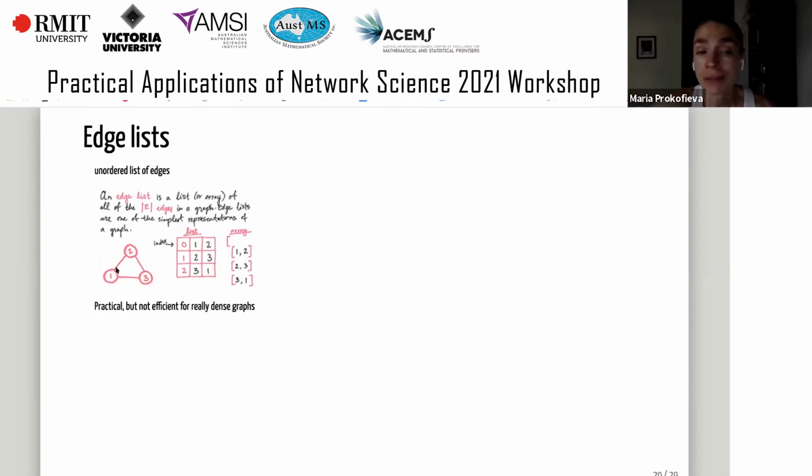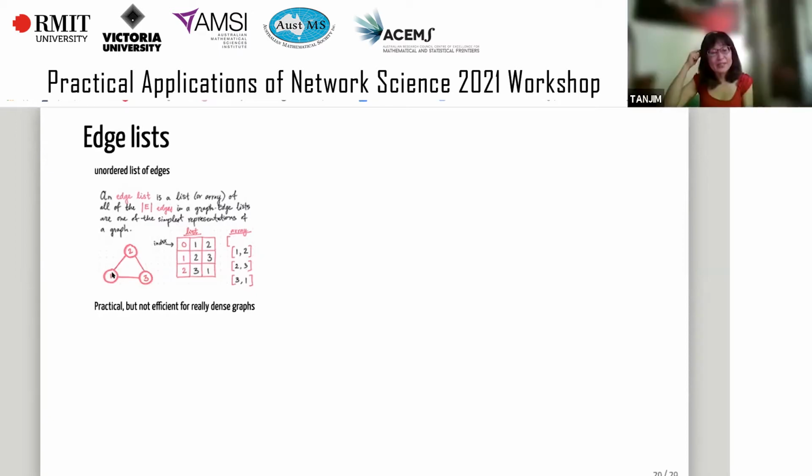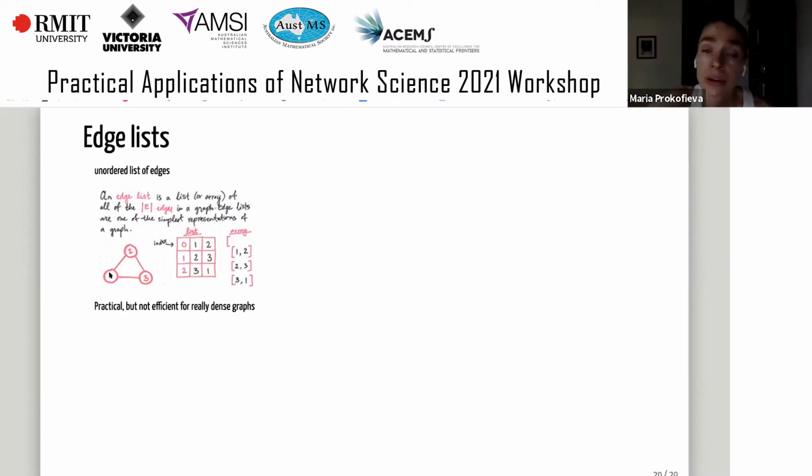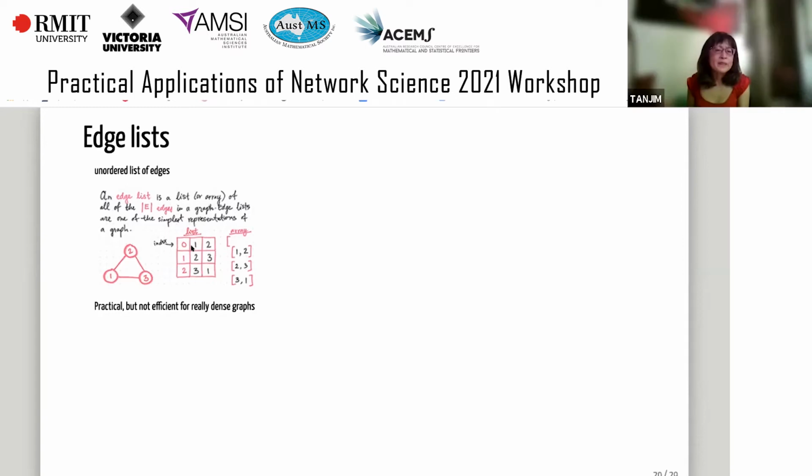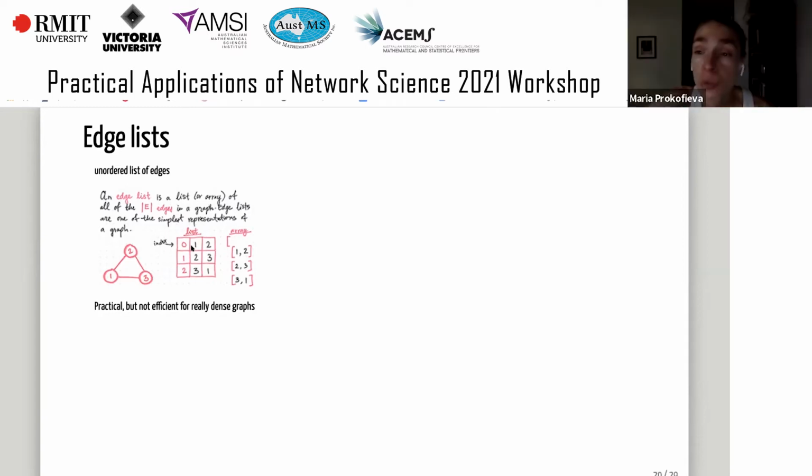What will be the first one? Is that 0, the edge between 1 and 2? Yeah. So 1 goes to 2. That's why you're saying 1 and 2. So here, your row just shows which nodes are connected by that particular edge.